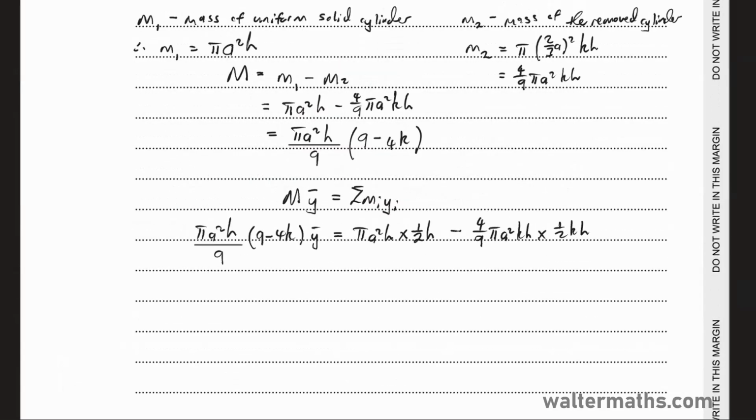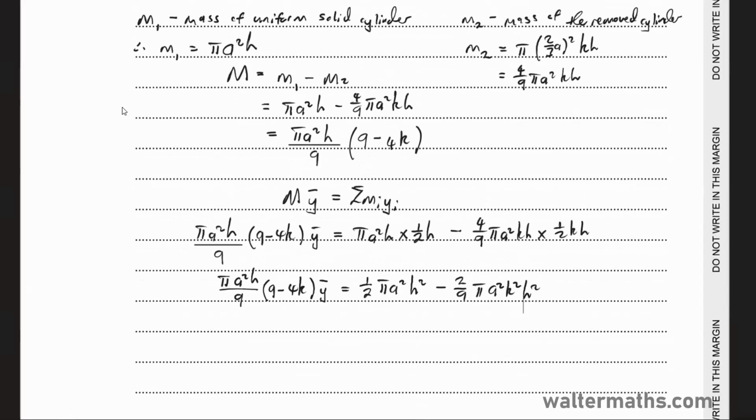From here, we are going to have pi A squared H over 9 of 9 minus 4K of y bar being equal to... what we have here simplified is actually half pi A squared H squared minus here, that's going to be 2/9 pi A squared K squared H squared.